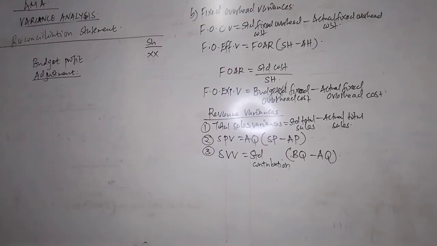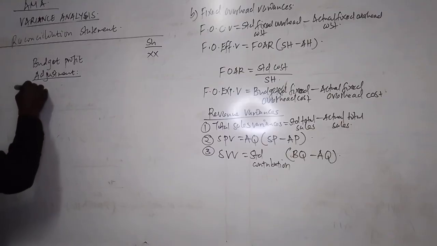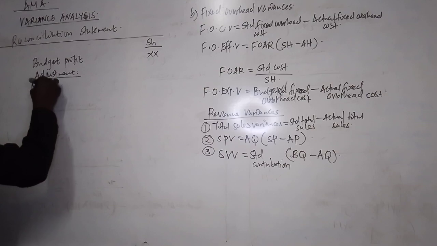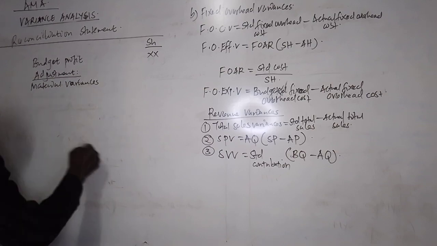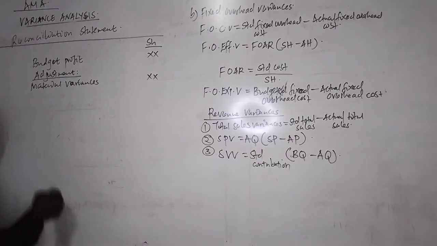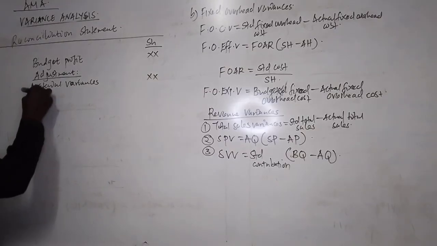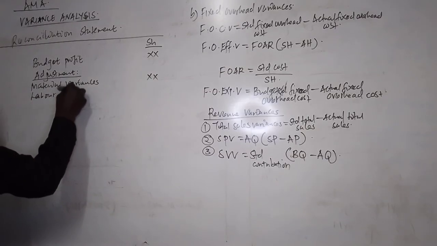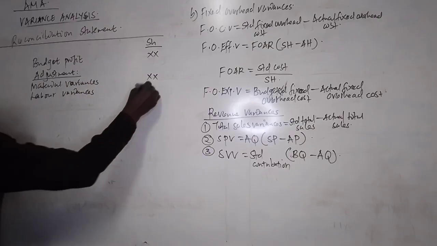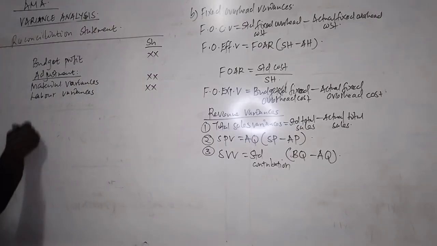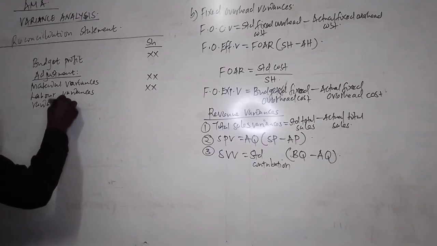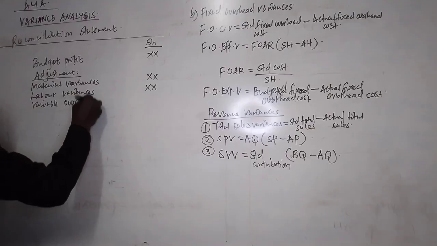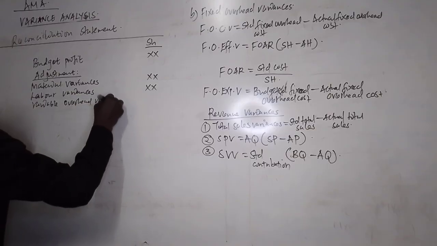that we have illustrated. Number one of the variances we have is material variances. We are going to take note of material variances. Then we have labor variances. Then we have the variable overhead variances.